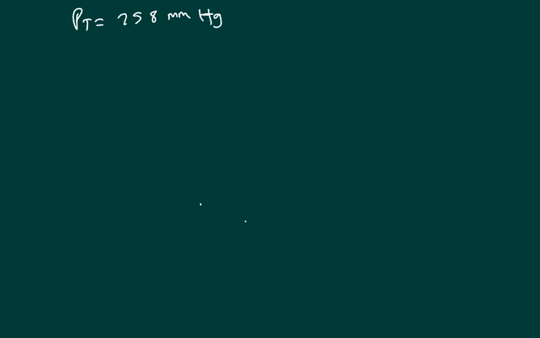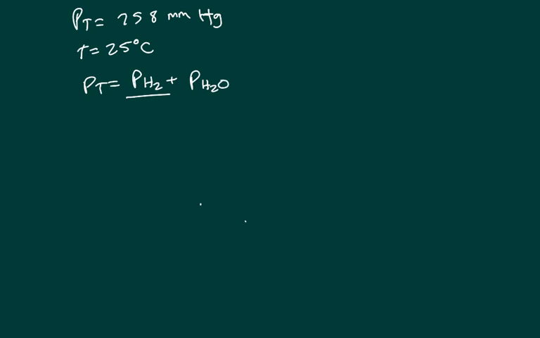Hydrogen gas was collected over water to give a total pressure of 758 millimeters of mercury, okay? Now, the temperature here was 25 degrees Celsius, the water temperature. What is the partial pressure of the hydrogen gas?